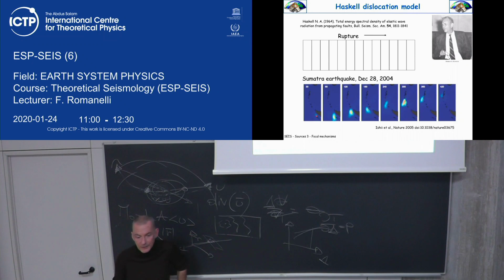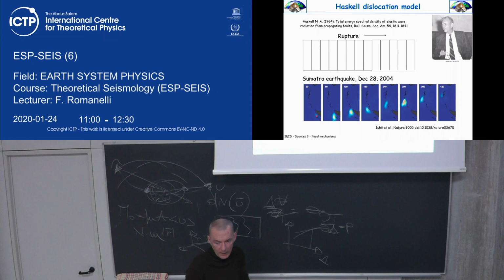Is it important? Maybe yes, because the slip in one point on the fault maybe can take seconds, rise time. But the rupture can take minutes. And we're neglecting it. Well, we can't neglect it, of course, as you can imagine.